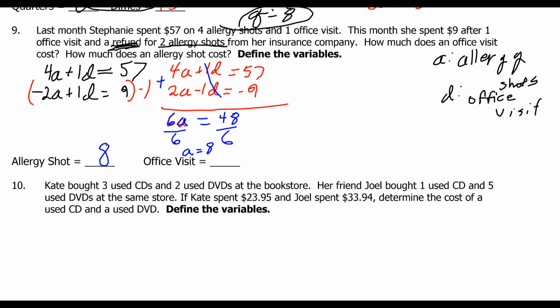Now we take this 8 and plug it back in up here: negative 2 times 8 plus D equals 9. That's definitely supposed to be a 9.